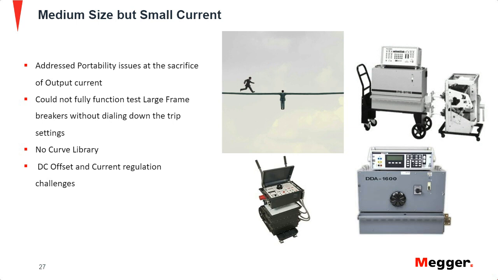They don't have a curve library. When you're testing breakers, you're testing everything in regards to that time current curve, so you're always going to have to flip through manually and look through the curves. And you have current regulation challenges: when doing primary injection, as your cables heat up and as you're performing current injection at higher currents, you'll have what we call current decay.